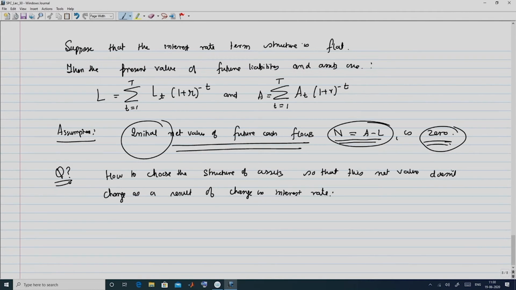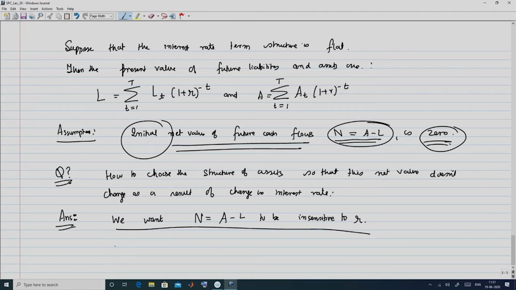So, that means that this is unaffected by interest rate. This is equivalent to saying that we want this net value N given by A minus L to be insensitive to r. So, hence this means that we want dN with respect to dr to be equal to 0.